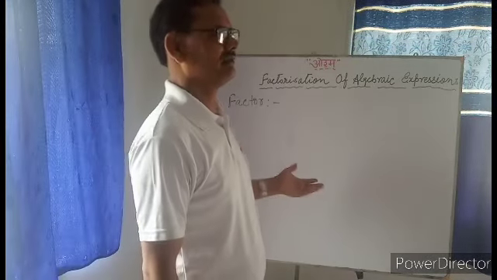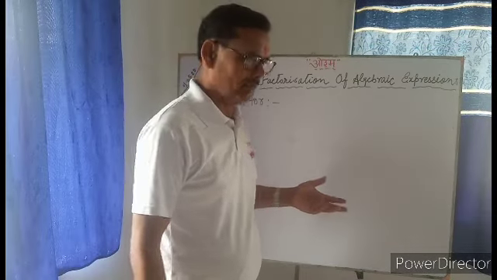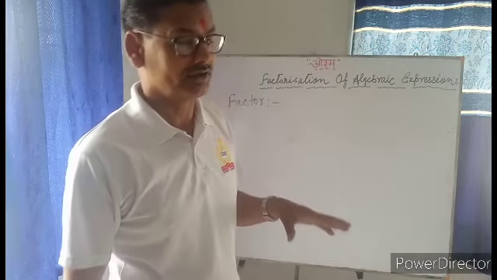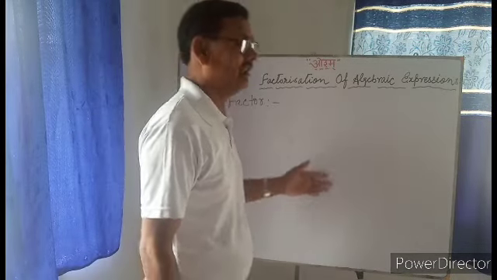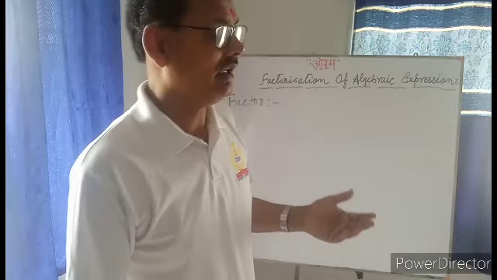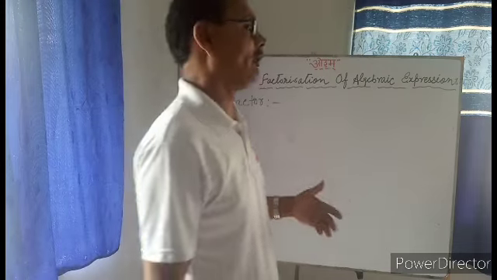Exact divisor means a divisor by which a number is divided with zero remainder. Then we say that the divisor is a factor of the given number.